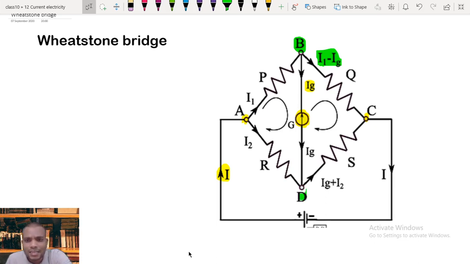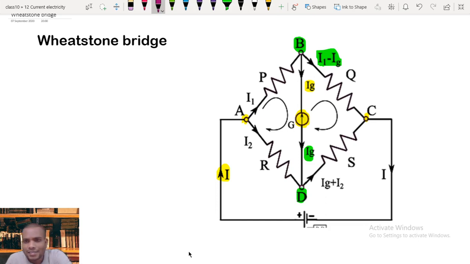Similarly at junction D, I2 current is entering junction D, and IG is also entering junction D. At this junction these two currents add up, and the added current, IG plus I2, passes through the arm DC.